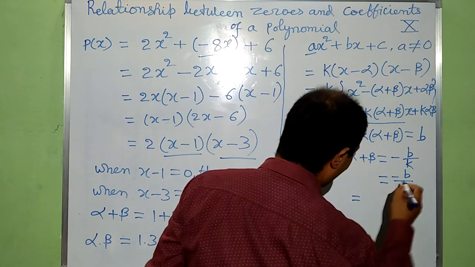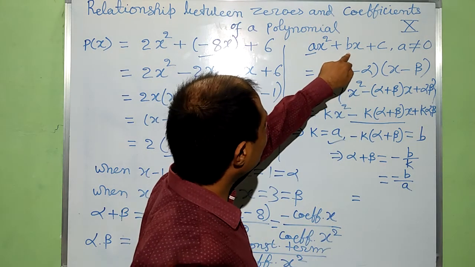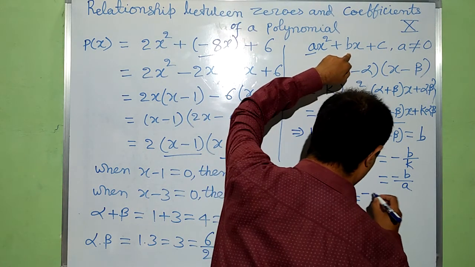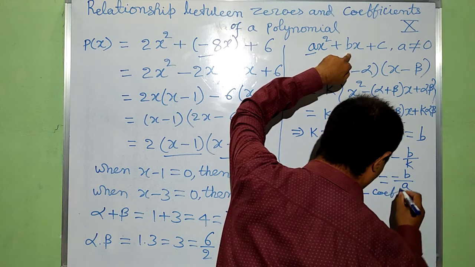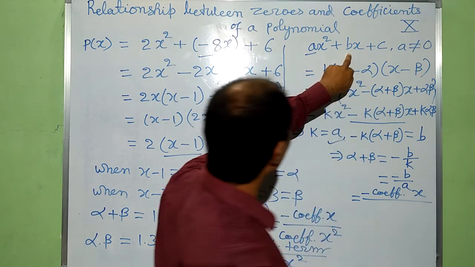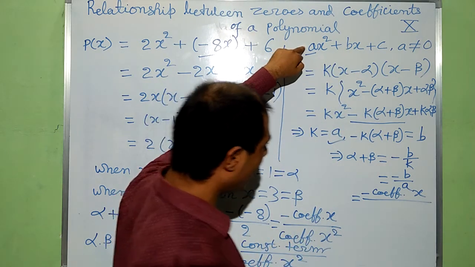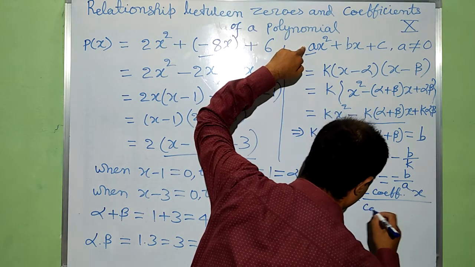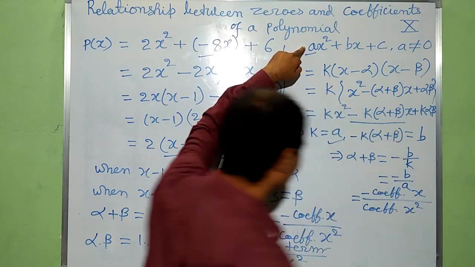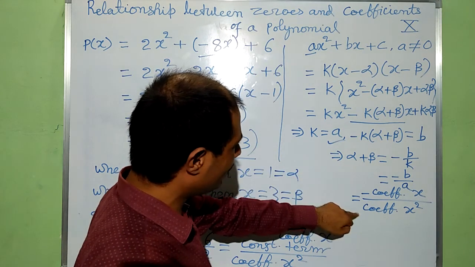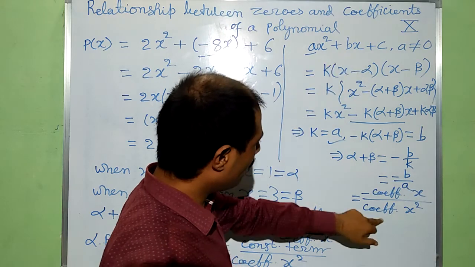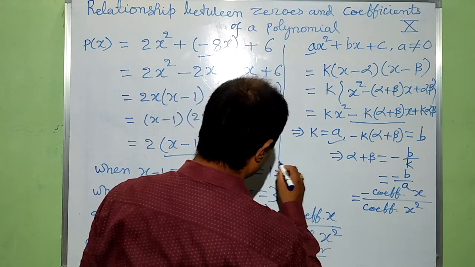We can write it as minus b, the coefficient of x, by a, where a is the coefficient of x square. In this way, alpha plus beta is equal to minus coefficient of x by coefficient of x square.